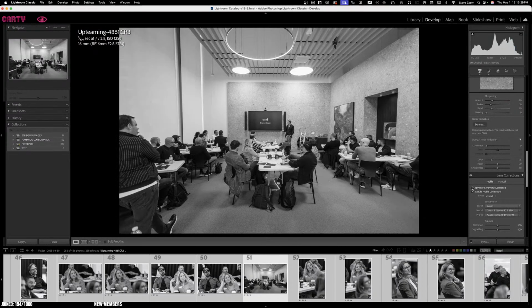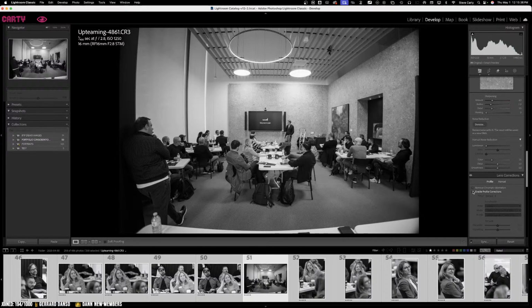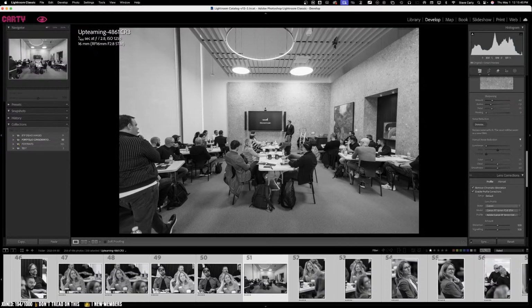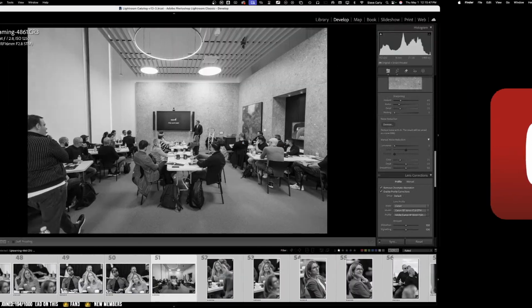Look at the difference when I take that off. Now look, everything is bending and not looking exactly flat. And this improves the perspective.